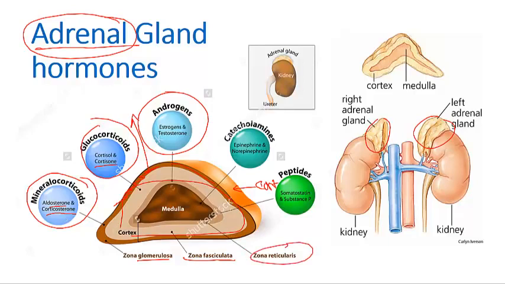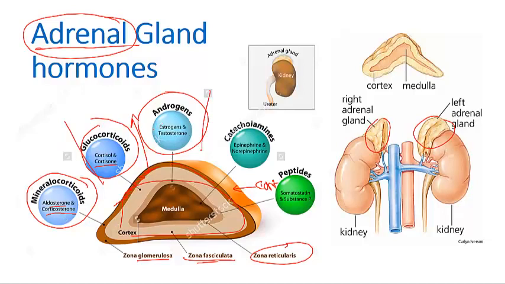It's the innermost layer of the cortex, and the zona reticularis secretes glucocorticoids and androgens as well. So glucocorticoids are secreted mostly by the zona reticularis and zona fasciculata, while the zona glomerulosa is the only one which secretes mineralocorticoids. The rest of the region secretes glucocorticoids and androgens together.